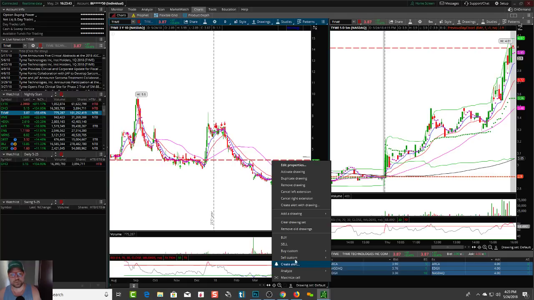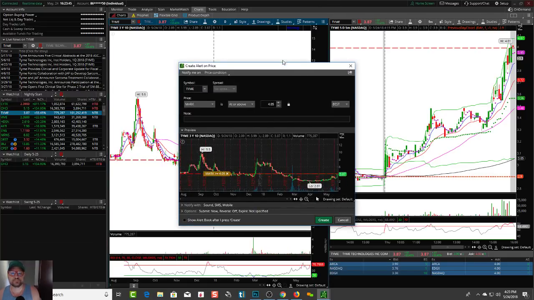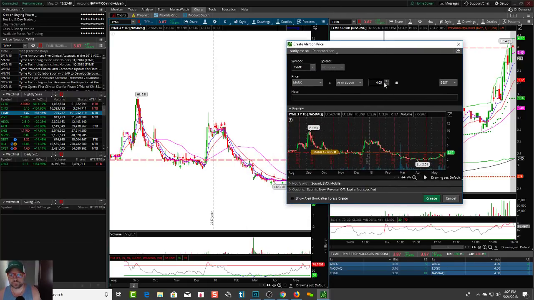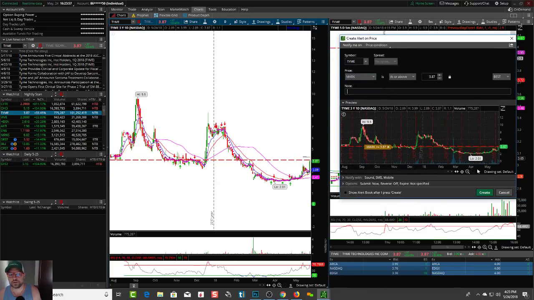So this one right here, at or above. You can see a cup and handle pattern. Watch if price can break out above $4.